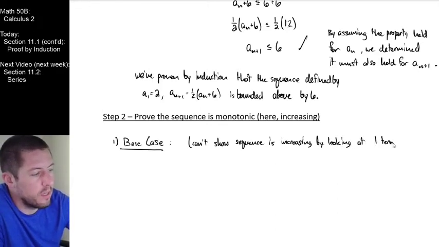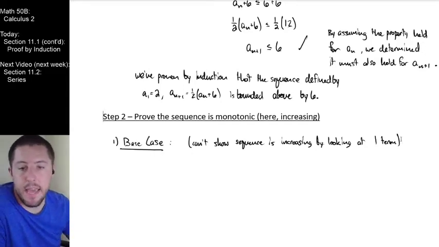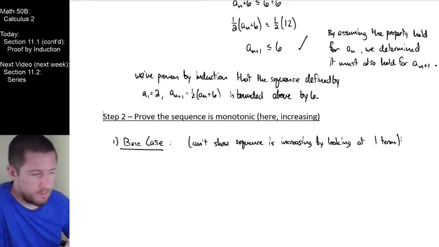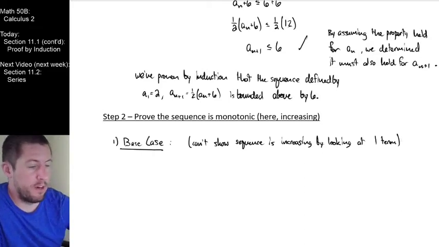Although this is referred to as the base case, I can't look at one number and say if a sequence is increasing or decreasing just by saying, oh, a sub 1 is 2. It's a change between two terms in the sequence. So the base case here is going to be comparing the first and the second term.